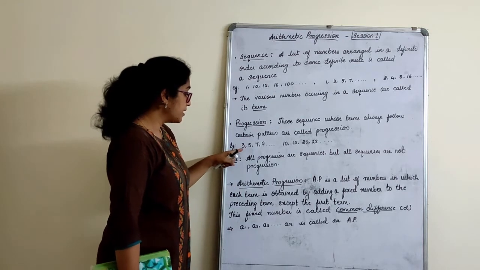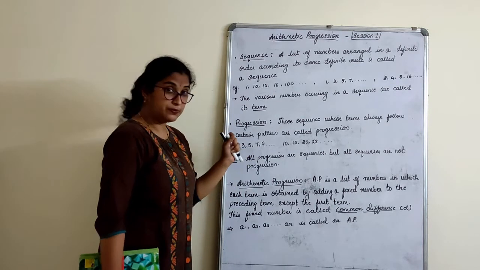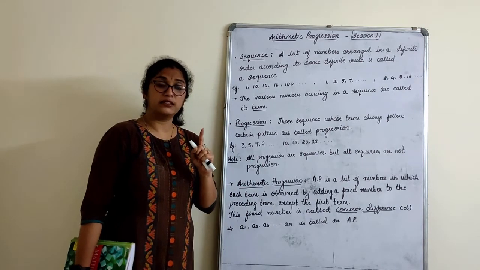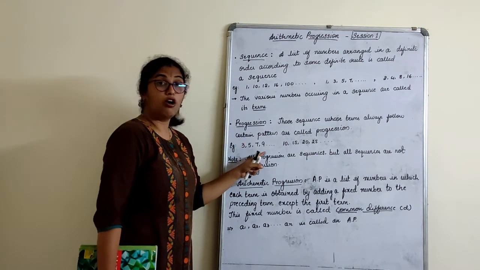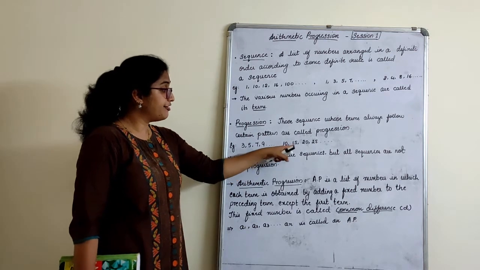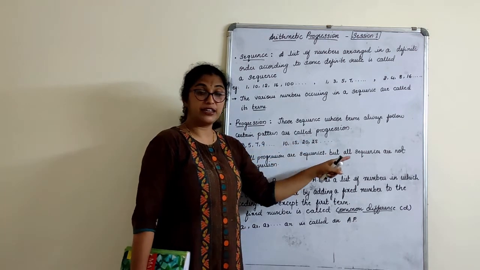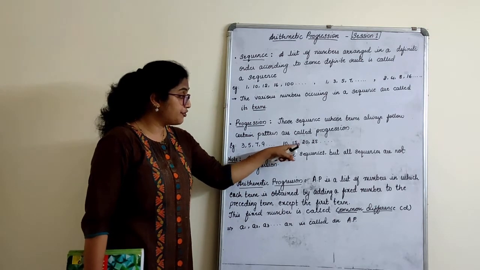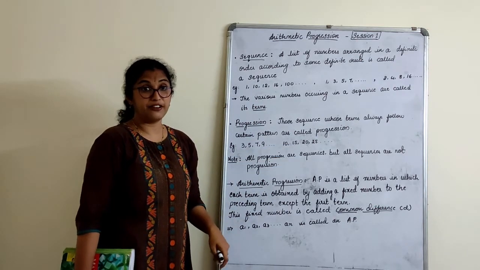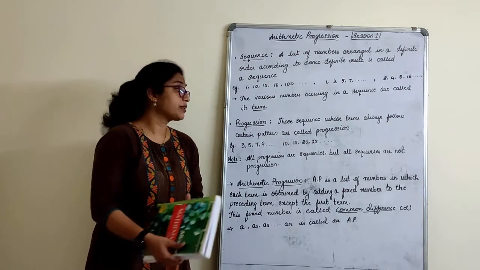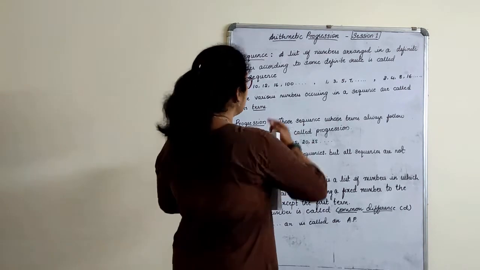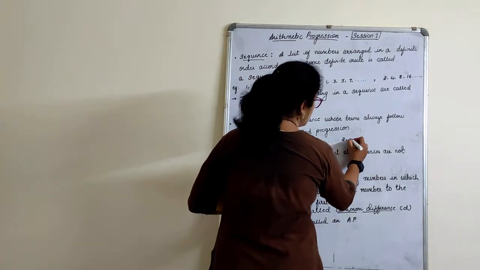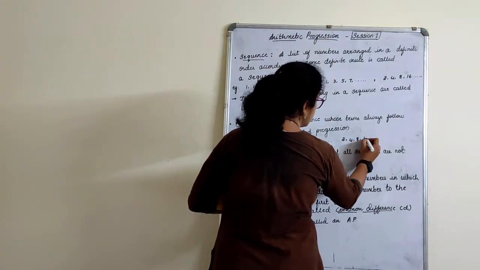Now look here, 3, 5, 7, 9. It is a sequence, but is it following some pattern? What pattern? These are odd numbers. 10, 15, 20, 25. Is it following some pattern? Yes. What pattern? The difference between each number is 5. One more: 2, 4, 8, 16.